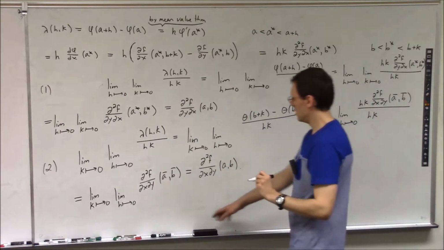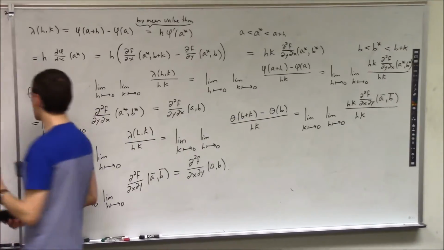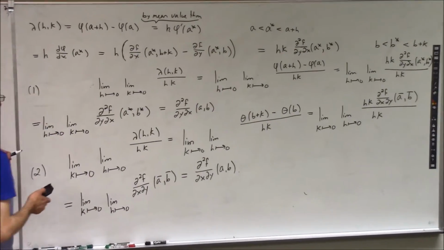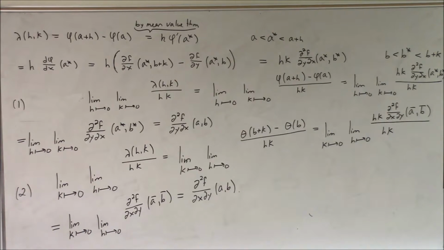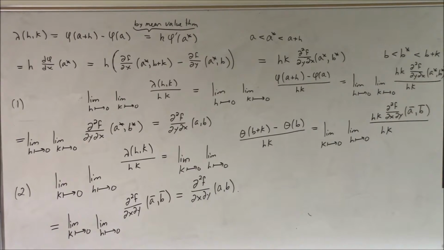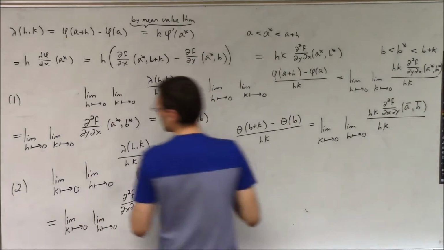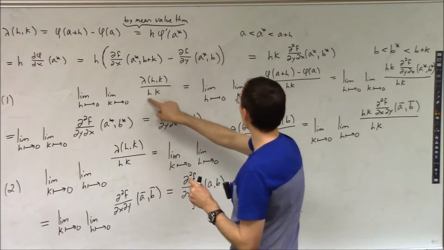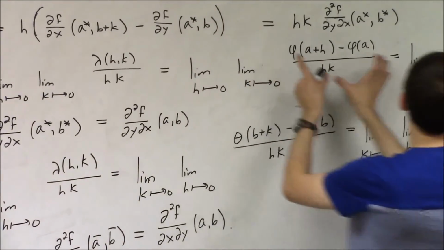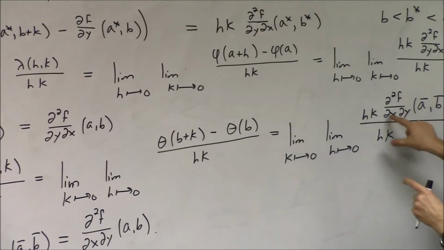Okay? Did you have to show the mean value theorem for that thing as well? Now, what I just showed here is a very important thing that I need to mention, because otherwise it's not clear. What I showed in either of those limits is, look at it, basically this function, if you approximate it, forget about the limits for a moment, if you approximate it, you really get mixed partial here.